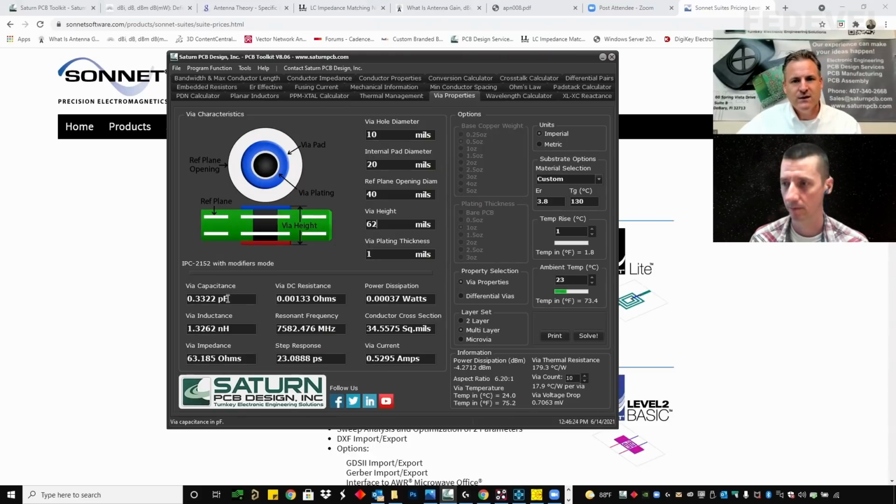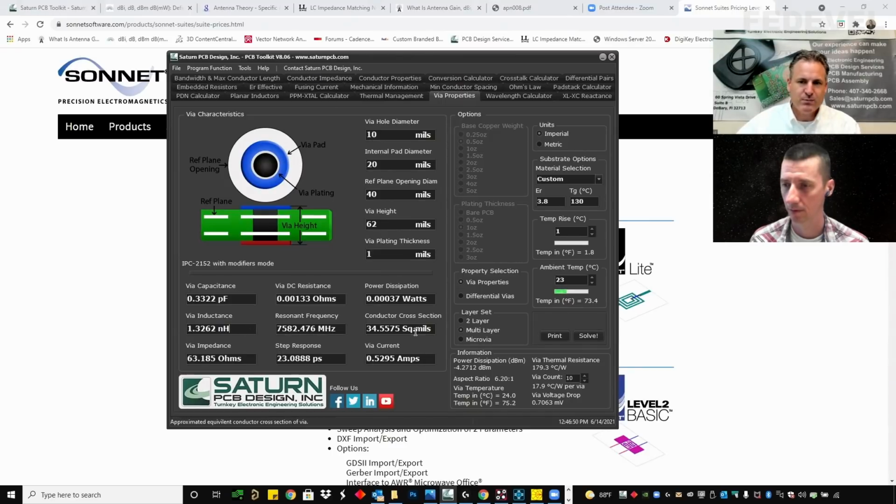Again, this is a more rudimentary type of calculation, assuming you've got an internal pad with an internal plane. The via inductance is fairly accurate. Modeling via inductance is actually pretty difficult to get exactly accurate, but the one that I use seems to be pretty accurate, fairly accurate.